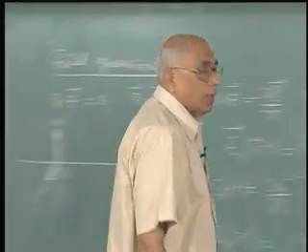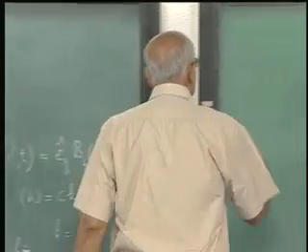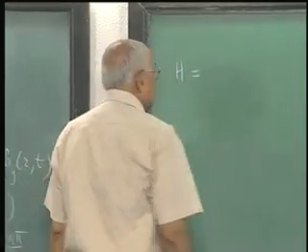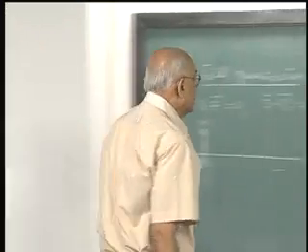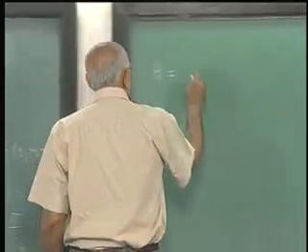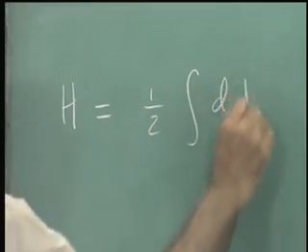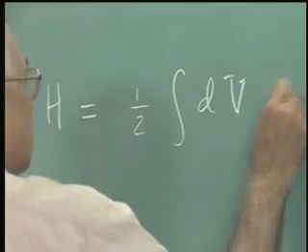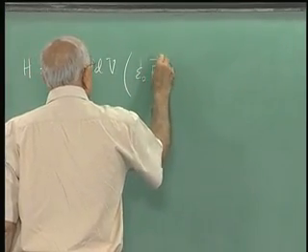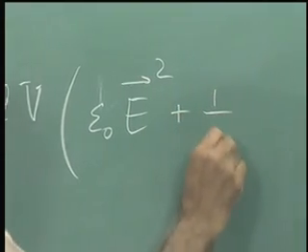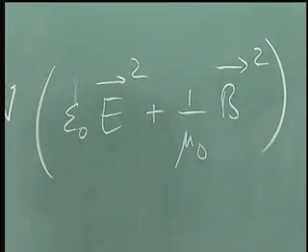But if you put these into the energy of the system, the Hamiltonian, now what is the energy density of the electromagnetic field? What is the energy per unit volume? It is half epsilon naught E squared plus 1 over mu naught B squared. So the total energy is equal to 1/2 integral over the volume, the energy density, and the energy density is epsilon naught E squared plus 1 over mu naught B squared.